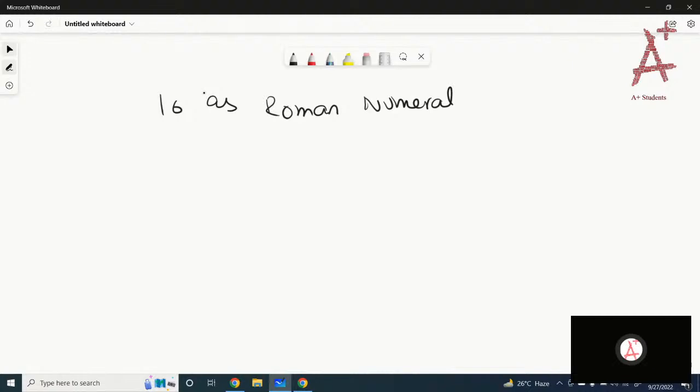Okay, so expand the 16. We know that 16 is 10 plus 6. So do you know how to write 10 in Roman numerals? Yes, it is X. And for 6, you can write V and I. So it is XVI.